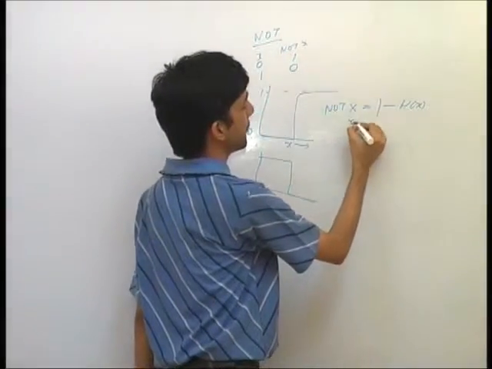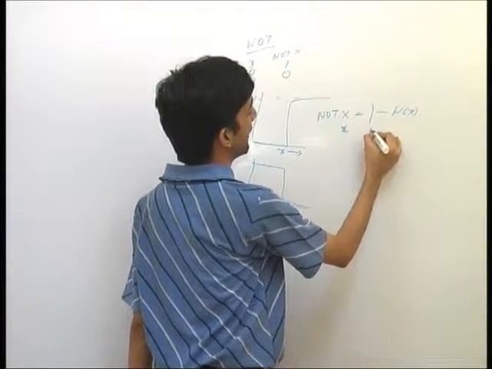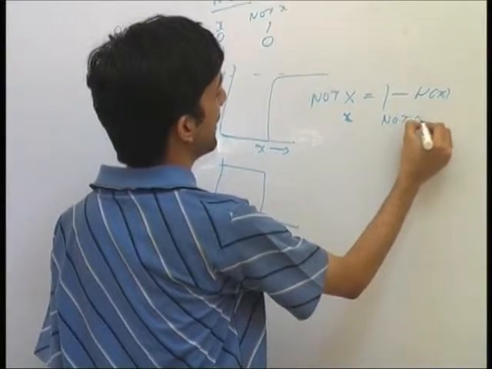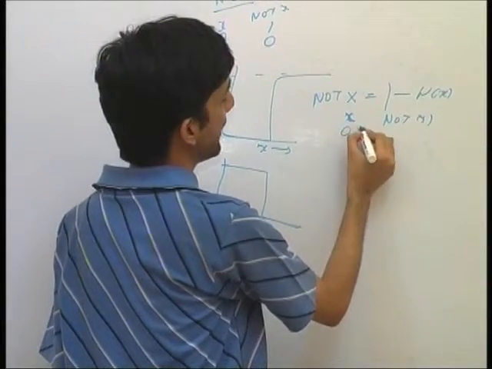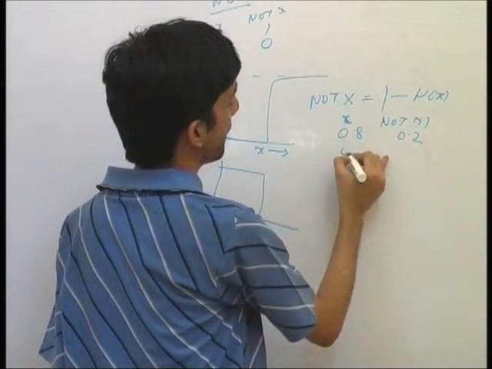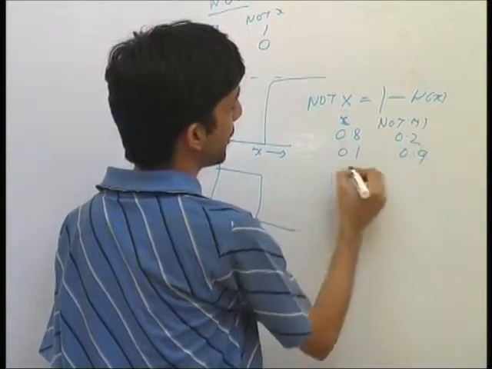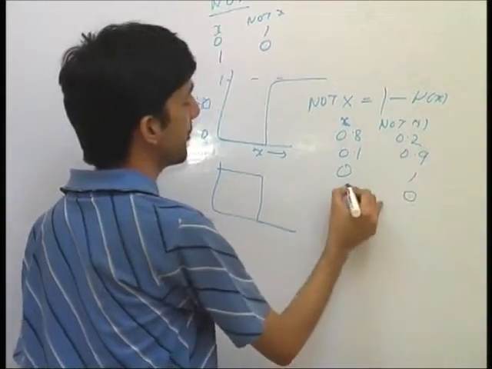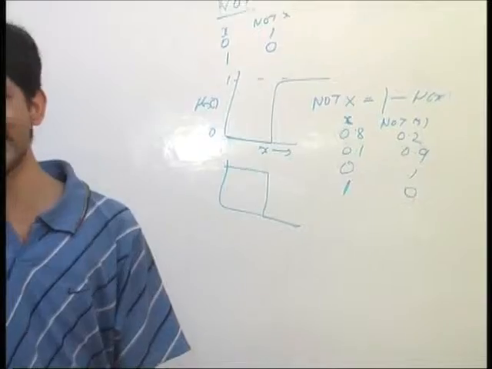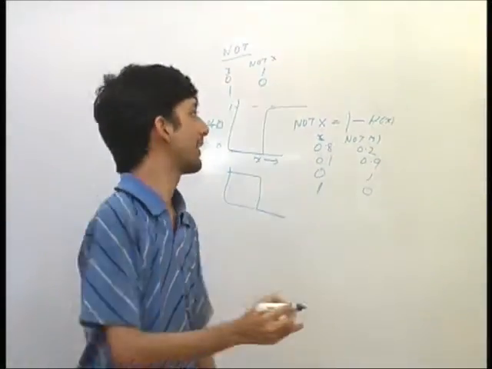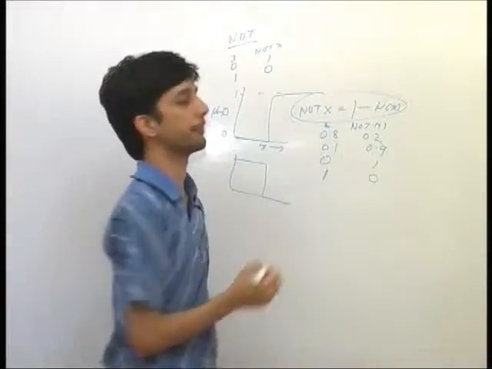So if x is true to 0.8, not x will be true to 0.2. If x is true to 0.1, not x will be true to 0.9. 0 becomes 1 and 1 becomes 0. So all the complementary laws are intact if I model this in this way.